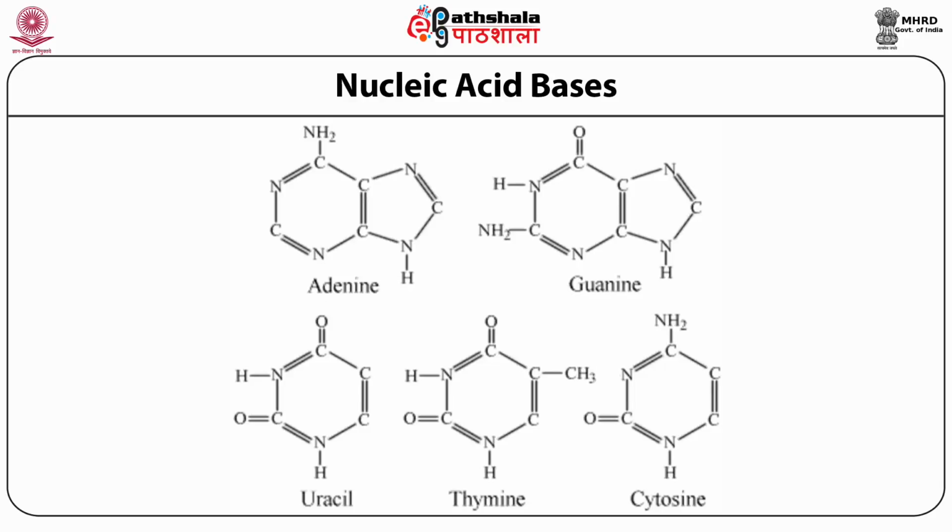Uracil has 2 carbonyl groups, so also thymine has 2 carbonyl groups, but thymine differs from uracil in that it has an extra methyl group attached to it, and cytosine has 1 NH2 group and 1 carbonyl group.